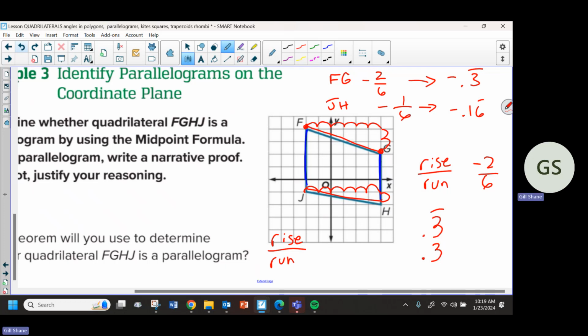You could do the distance formula and figure out the length of every single line, but that would be way longer than just doing the slope, in my opinion. You do have to do the slope 4 times. You got 4 lines, and the slope of all of them.